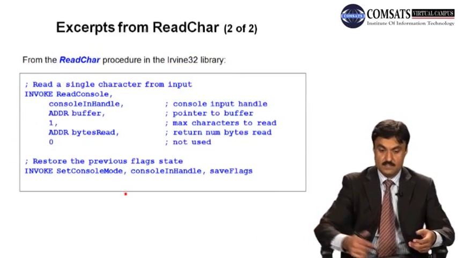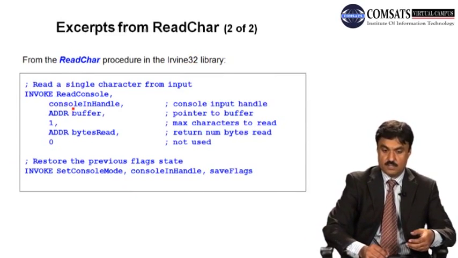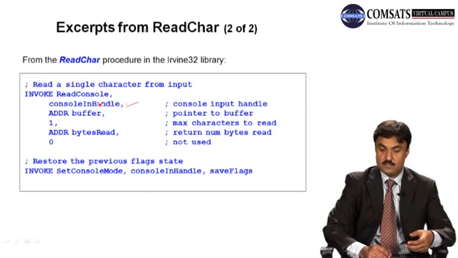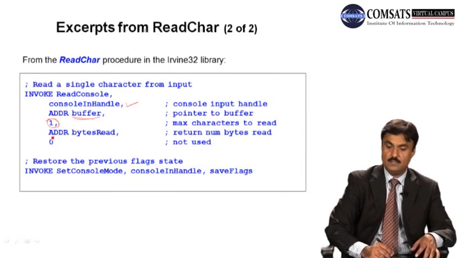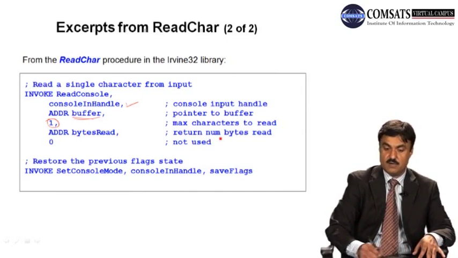You can see in the next slide, here is the ReadChar. First of all, this is the console input handle. Then the address of the buffer, a pointer to the buffer where your data will be stored, how many characters you are reading, and the number of bytes that have been read, and so on.